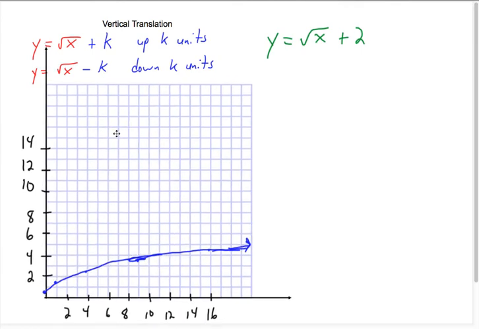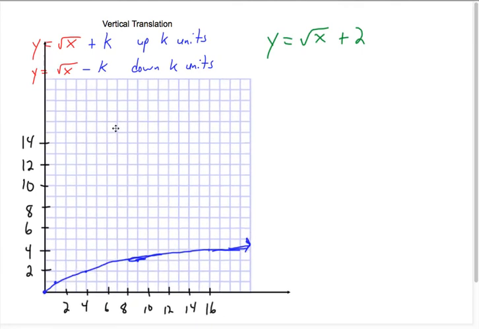Okay, so here was our parent function. And so if we have the same thing, so our parent function was y equals absolute value of x, which is the blue line, if we add 2 to that, all it does is move everything up 2.